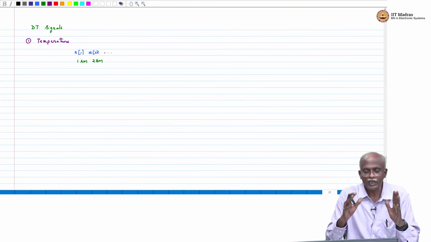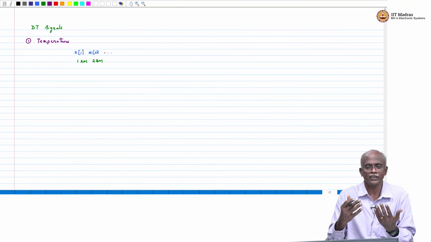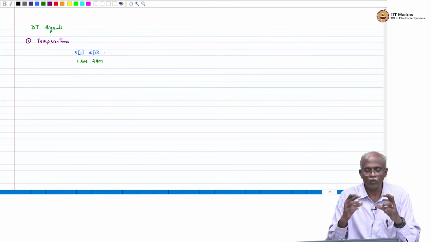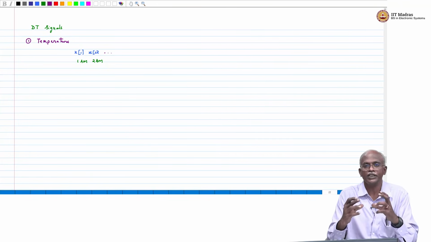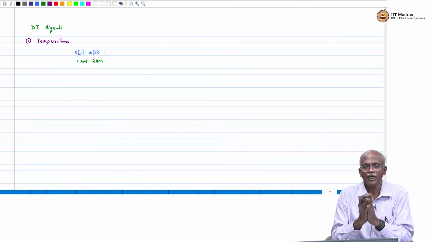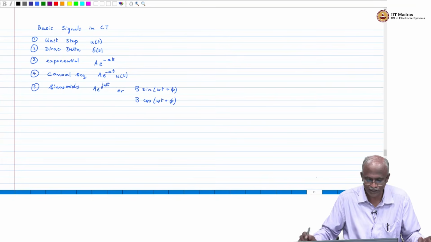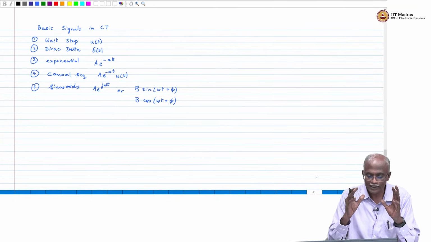We will also give you some simple exercises to work with in terms of sequences, looking at how to work with sequences and others. But please do start preparing for the next session where we will talk about the basic signals.